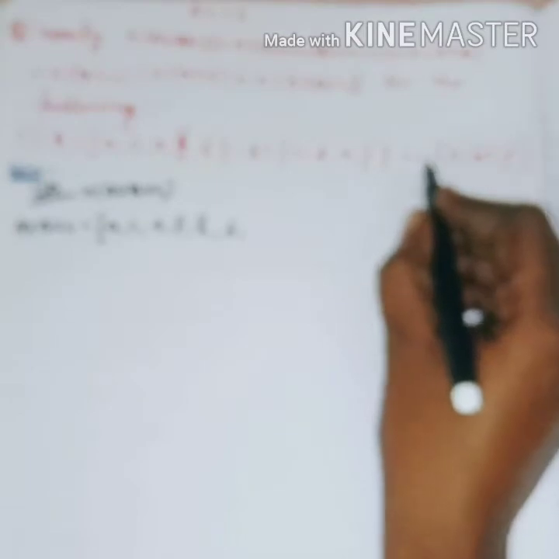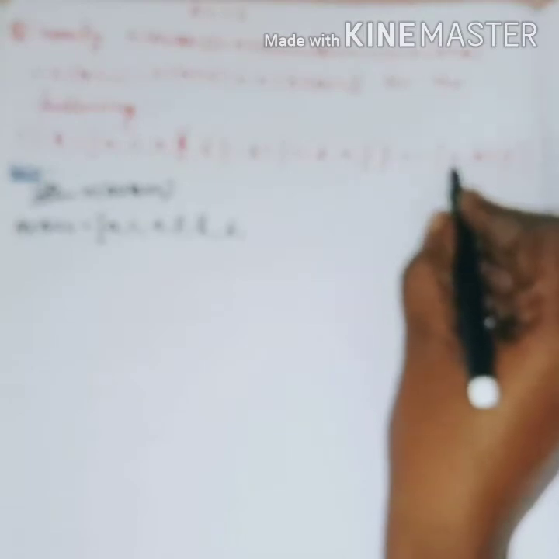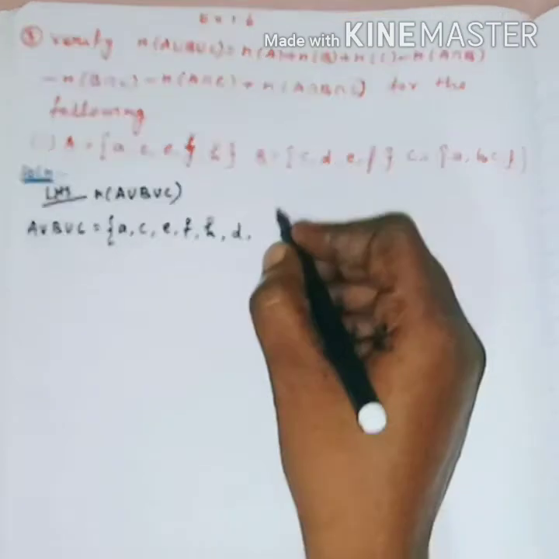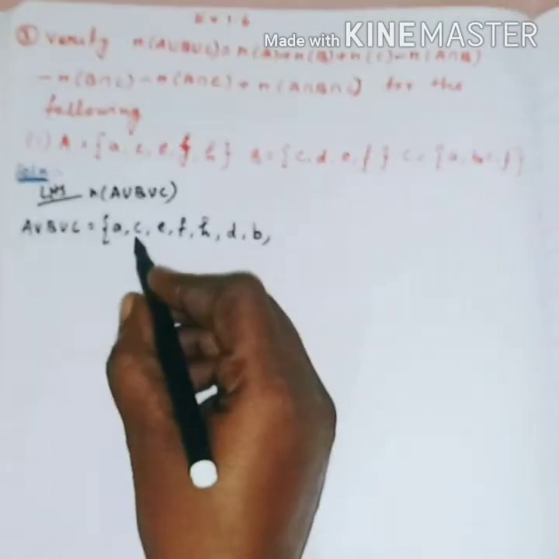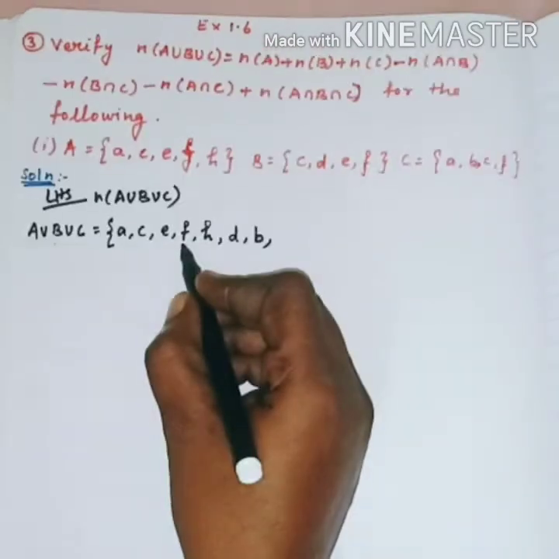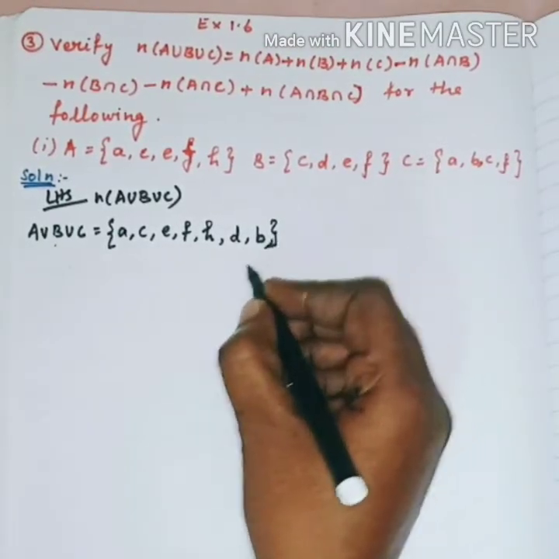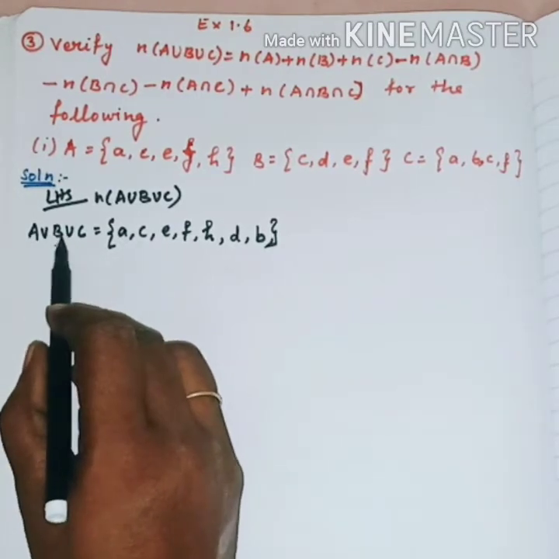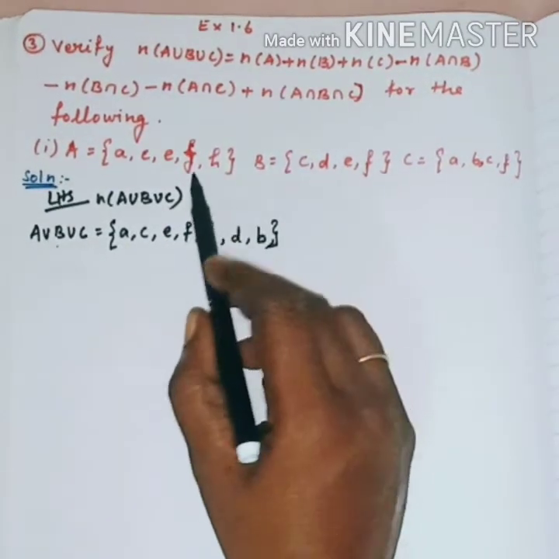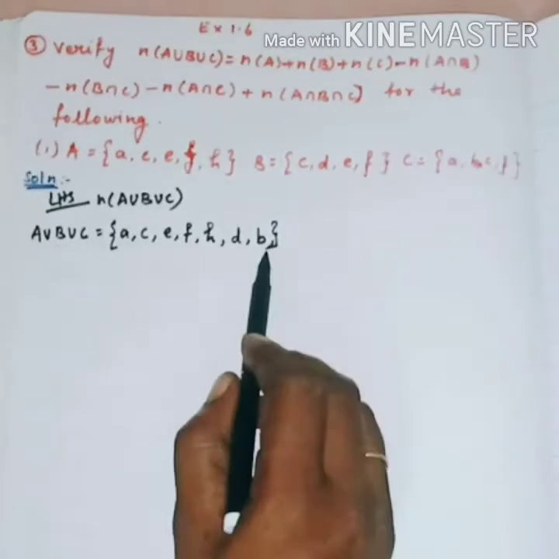Then the set C: A already written, B we didn't write, so include B, and then C and F we already wrote. So this is your A union B union C, because of the symbol union we combine these three sets together.